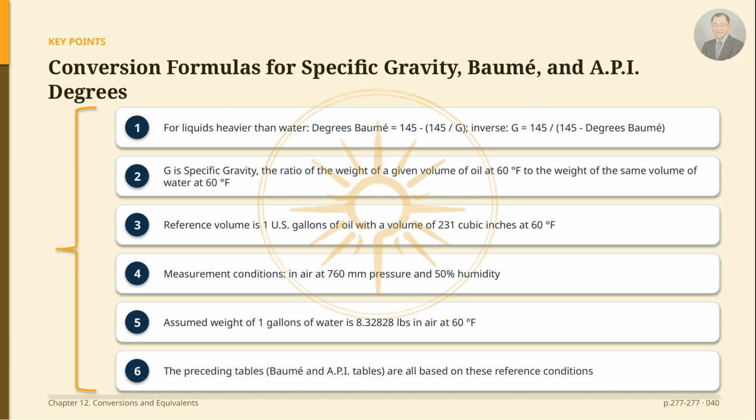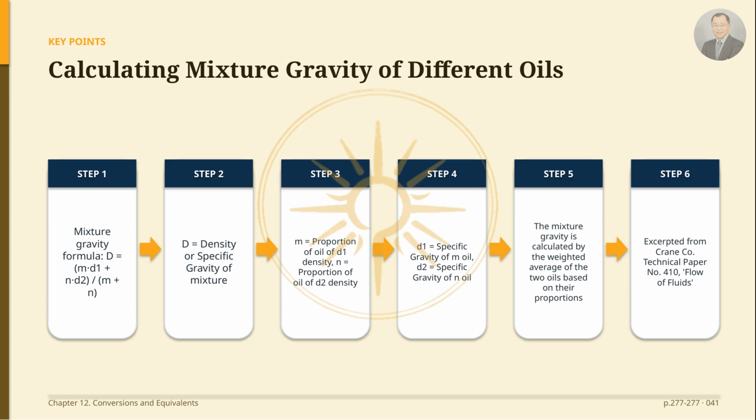The remaining detailed figures and measurement conditions are provided as reference data for engineers to use during practical calculations. Therefore, when an actual conversion is needed, please check the reference temperature and pressure conditions in this table to calculate the accurate value. Next, I would like to introduce the method for determining the resulting gravity when mixing oils with different specific gravities.